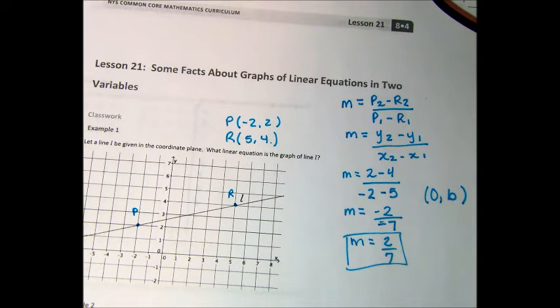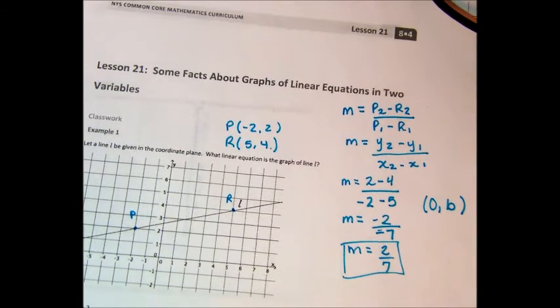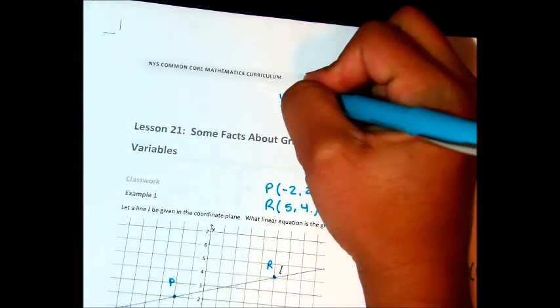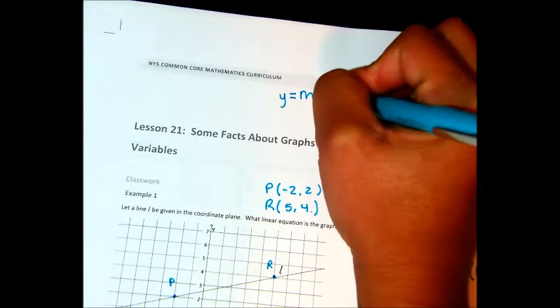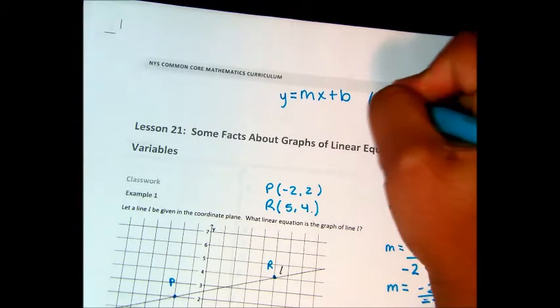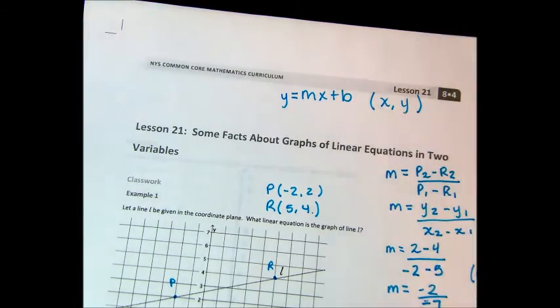Recall what it means for a point to be on a line. It means that the point is a solution to the equation. So when we're talking about slope-intercept form, we should be able to use an x and a y as a solution, and m is our slope.